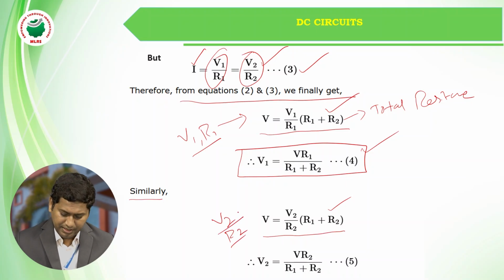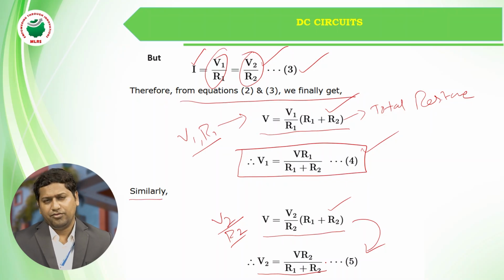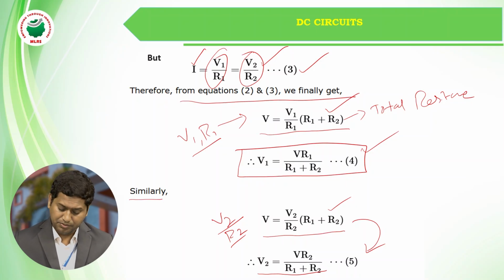So from here I can write V2 is equal to V into R2 divided by R1 plus R2. That is equation number 5.